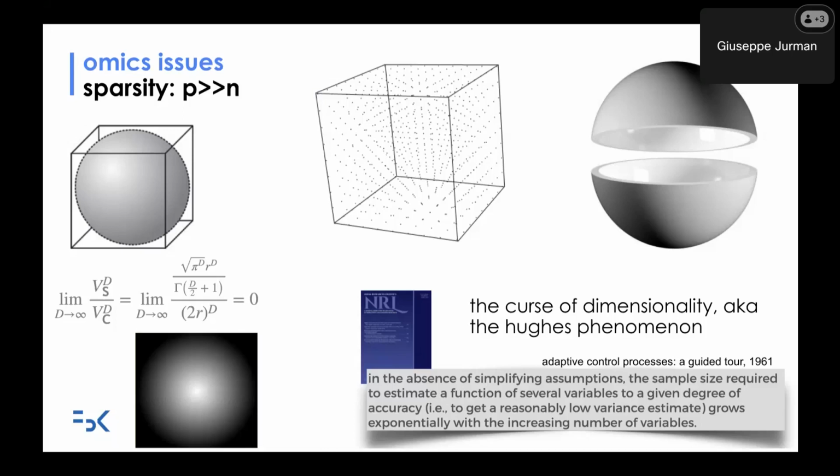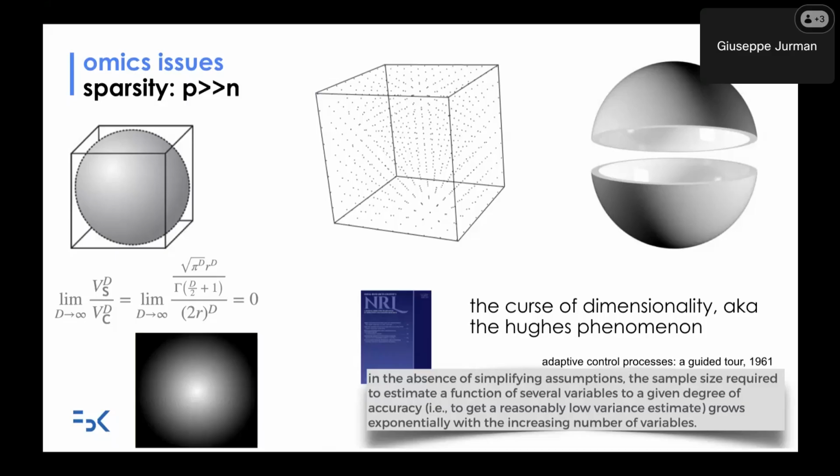Same thing happens if you consider the spherical crust, which means a sphere of given diameter with an empty sphere included, so only the outside remains. And if you compare the limit of the volumes, the same phenomenon happens. The mass is totally concentrated on the crust.